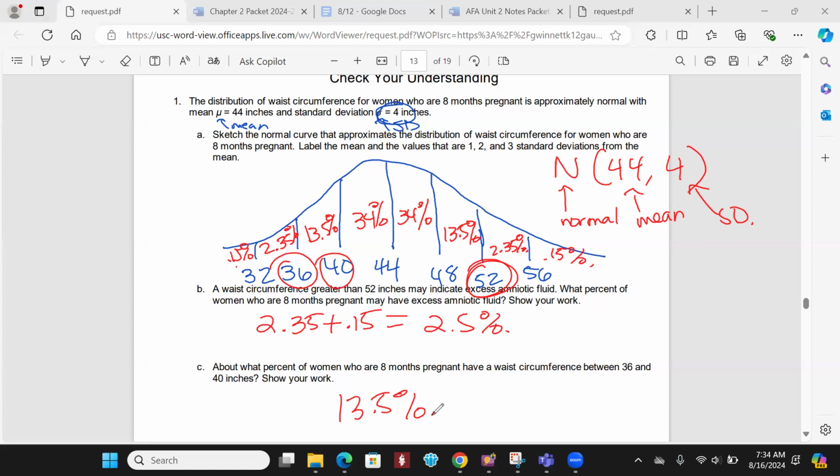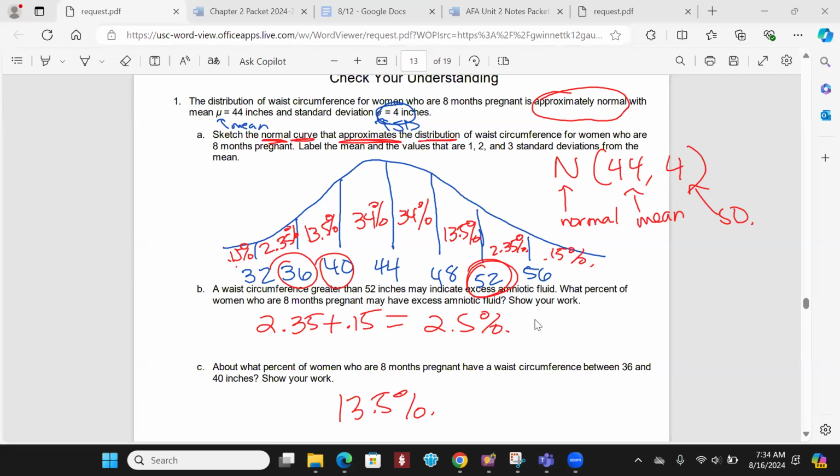So when you get a normal distribution curve, and it'll say draw the normal curve that approximates the distribution, or it'll say approximately normal, that's when you know to draw the normal curve. You cannot say normal. You have to say approximately. There's that LY word.